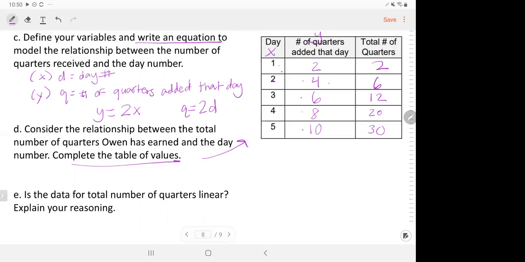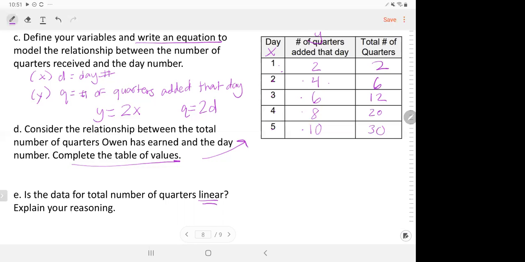It's asking, part E, is the data for the total number of quarters linear? Explain your reasoning. Well, in order to tell if this is linear, the number of quarters being added to the total each day would have to be the same.